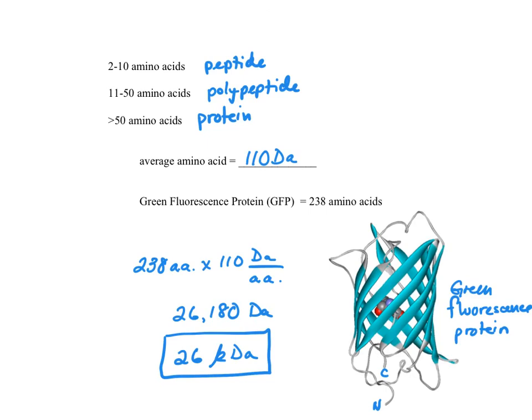And proteins can easily get 100 kilodaltons, 200 kilodaltons, 1,000 kilodaltons. I mean, they can be gigantic, maybe a couple thousand kilodaltons, some of the proteins in your body. That's thousands of amino acids strung together and folded up. So we'll do some homework on this just to make sure you're able to handle this skill of converting back and forth between number of amino acids and kilodaltons.